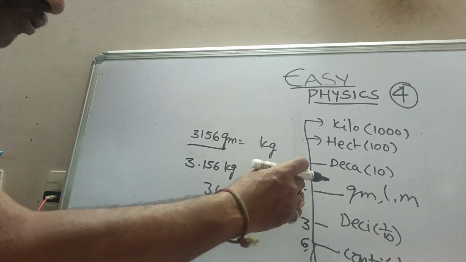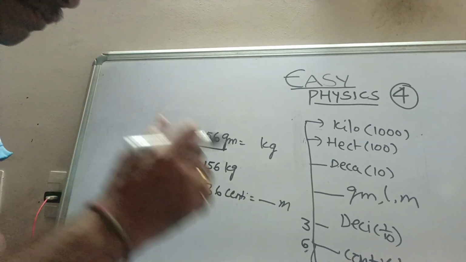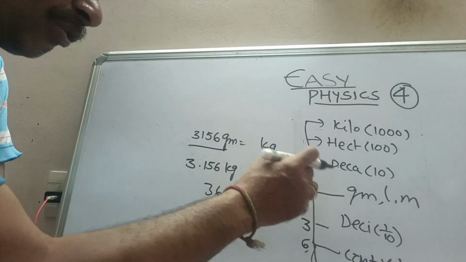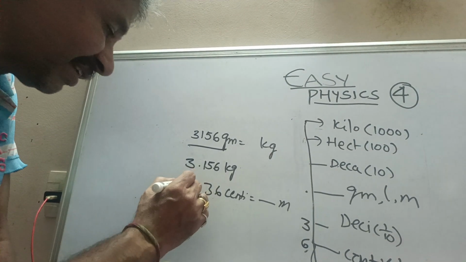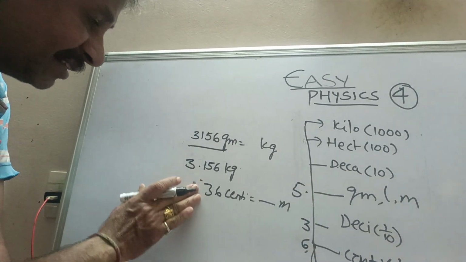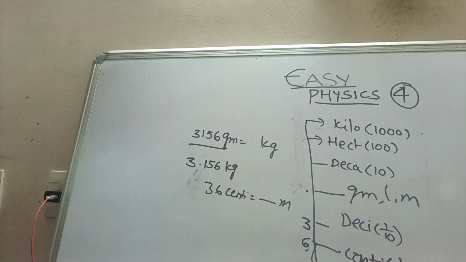And there is no other number at the meters. So you can put the decimal here. If a number is there, you have to keep the number, and then only you have to keep the decimal. Suppose this is 536 centimeters, then 5.36. If it is only 36 centimeters, then you have to keep only the decimal, 0.36.